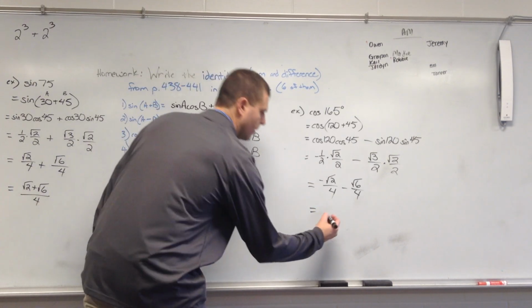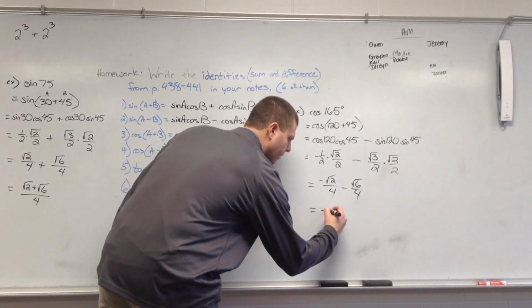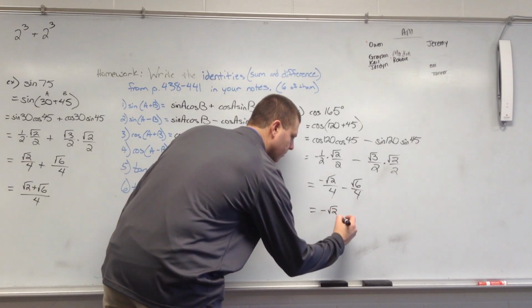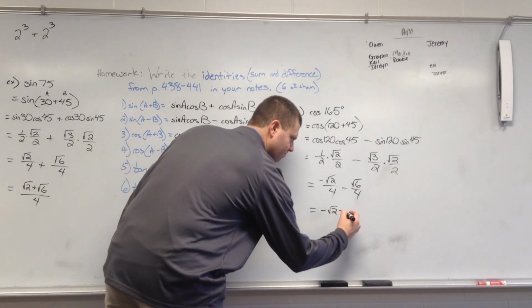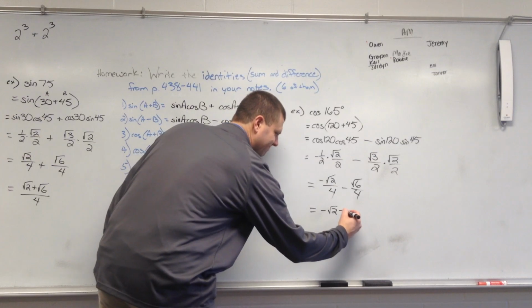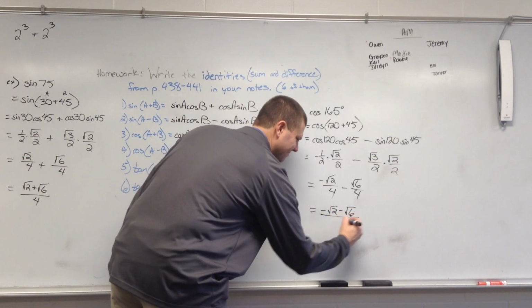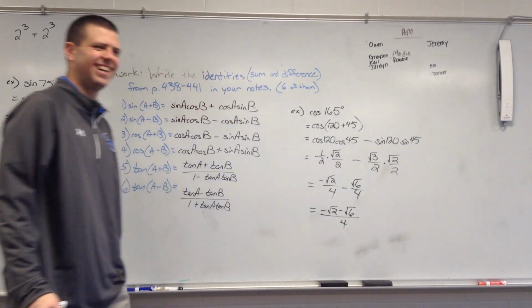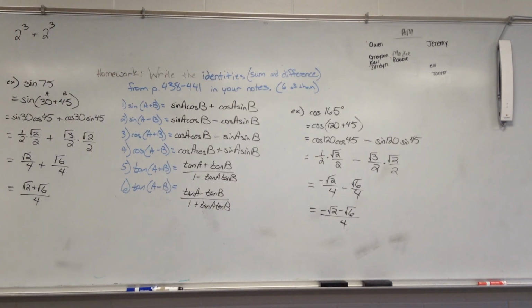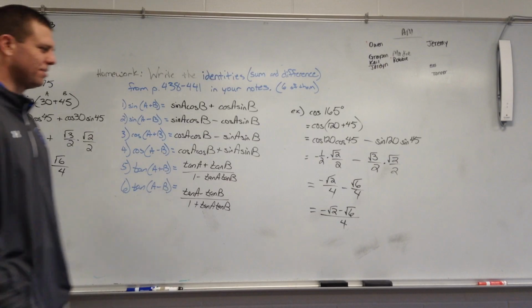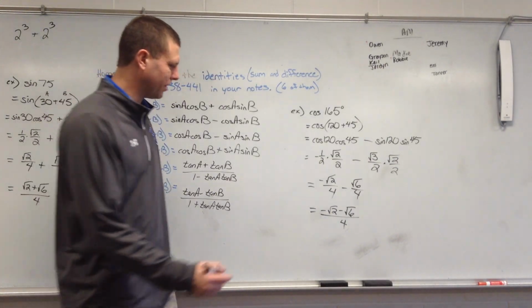Negative root 2 minus root 6, all over 4.